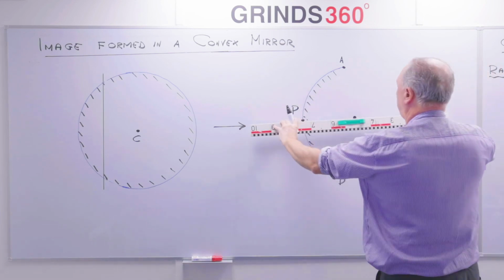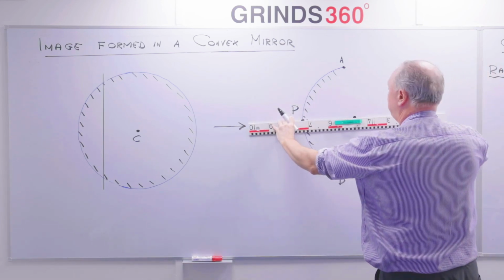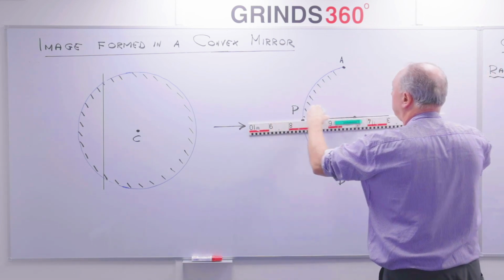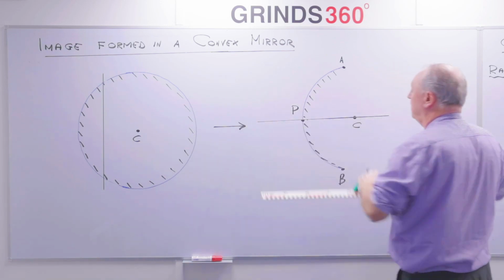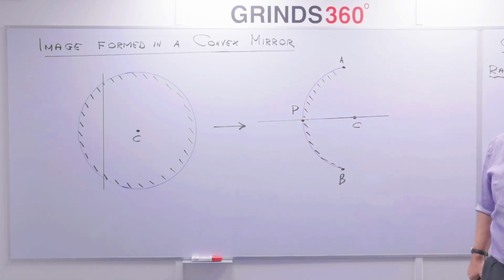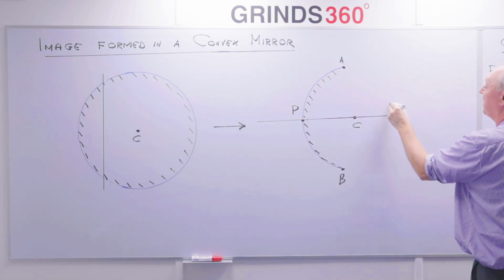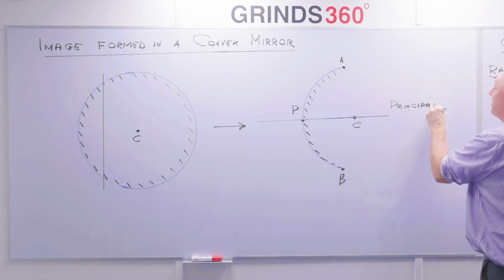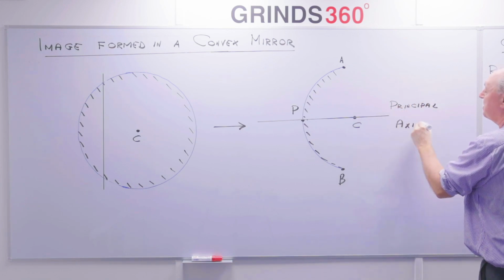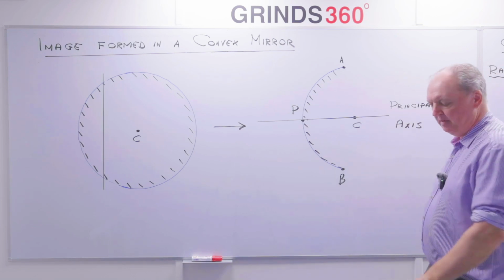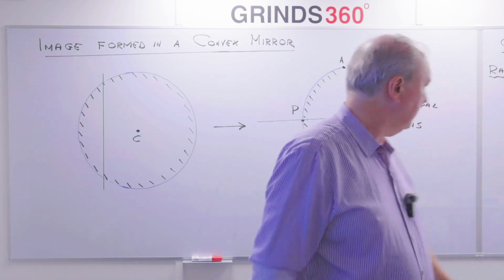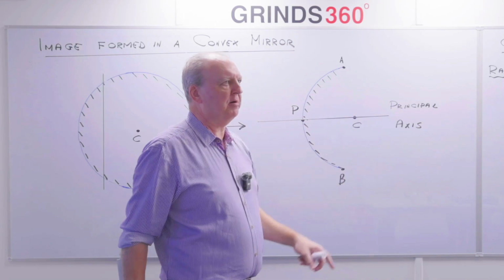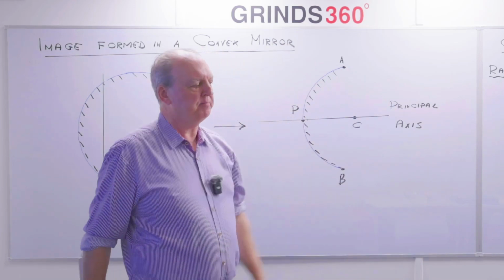If I draw a line from the center out through the pole, as we did with concave mirrors, we call that line the principal axis. Now, what do you see? This time the center of the mirror is actually behind the mirror.